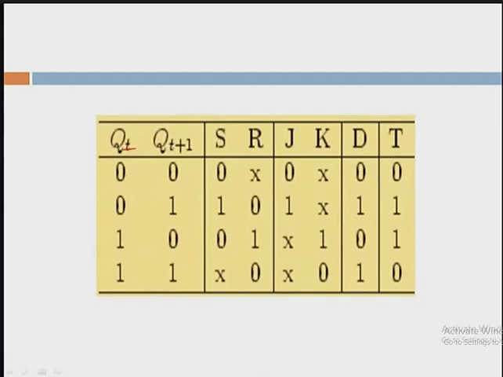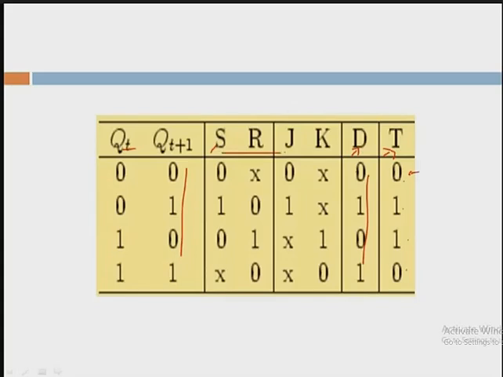If you do not recall the excitation table directly, then for the D flip-flop, the trick is that whatever the Qt plus 1 or Qn plus 1 value is, we can write it down as it is here. You can observe 0, 1, 0, 1. For the T flip-flop, you can write down the output of your XOR gate, that is the XOR truth table: 0, 1, 1, 0.